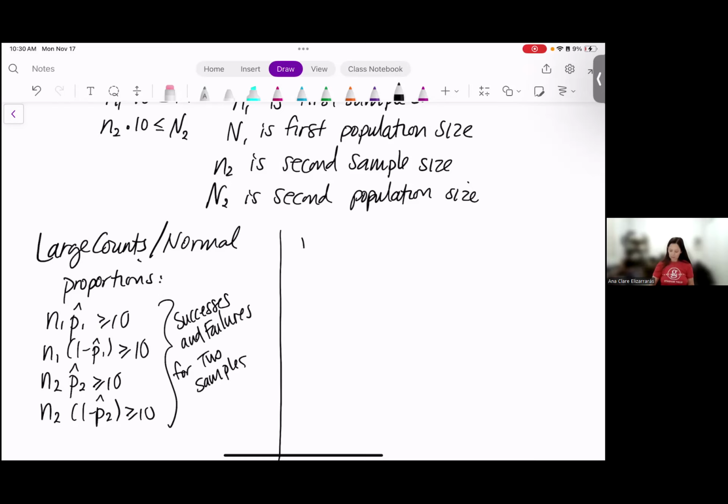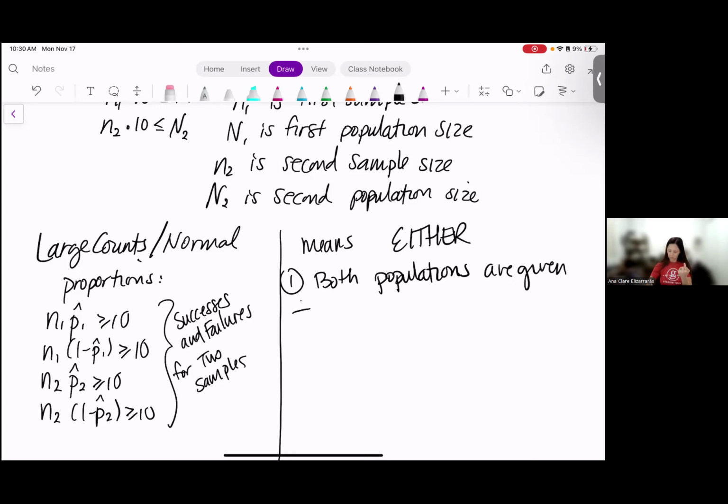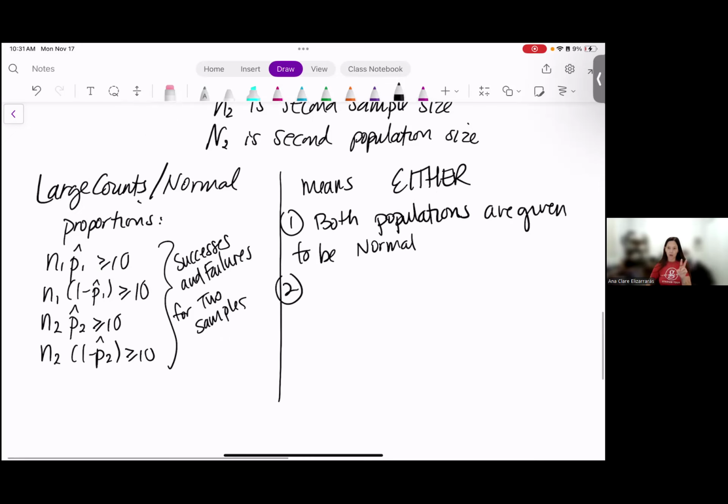For means, you need both populations to be given as normal. Or both samples are at least 30 by the central limit theorem.